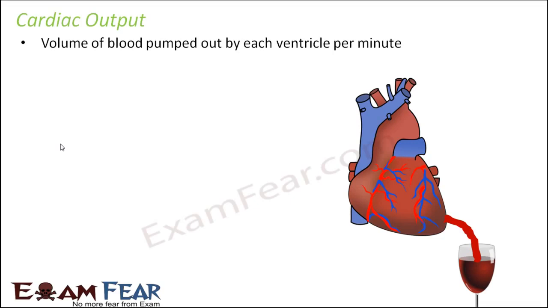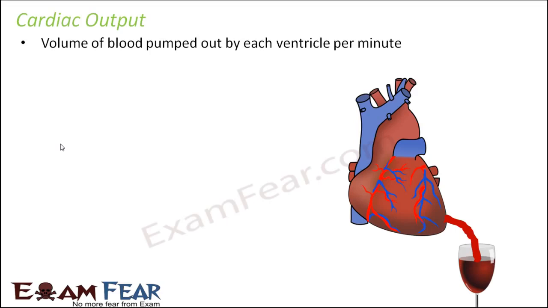The picture is quite funny, I know, but that is just to let you understand what cardiac output is. Now what is the output from the heart? The heart is actually pumping blood out of it, and the blood is pumped out by which chambers of the heart? By the ventricles. So how much volume of blood is pumped out by each ventricle in 1 minute?